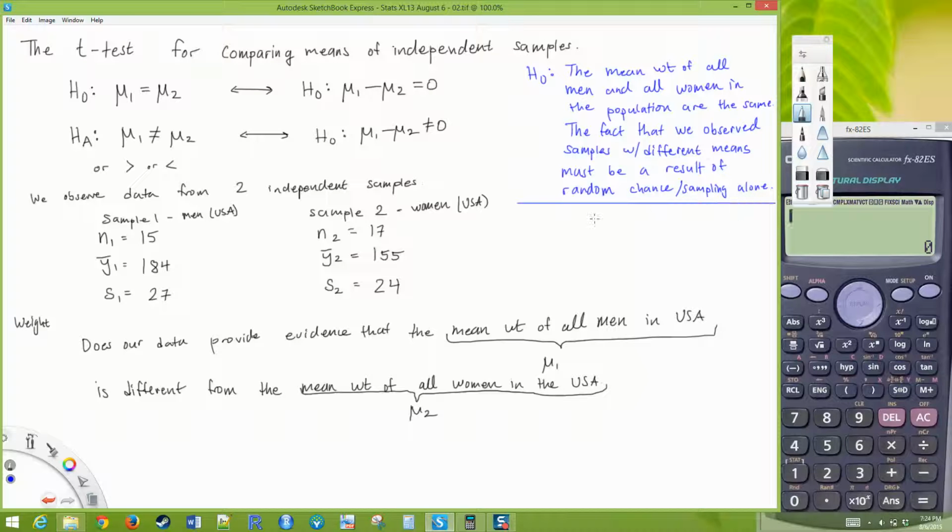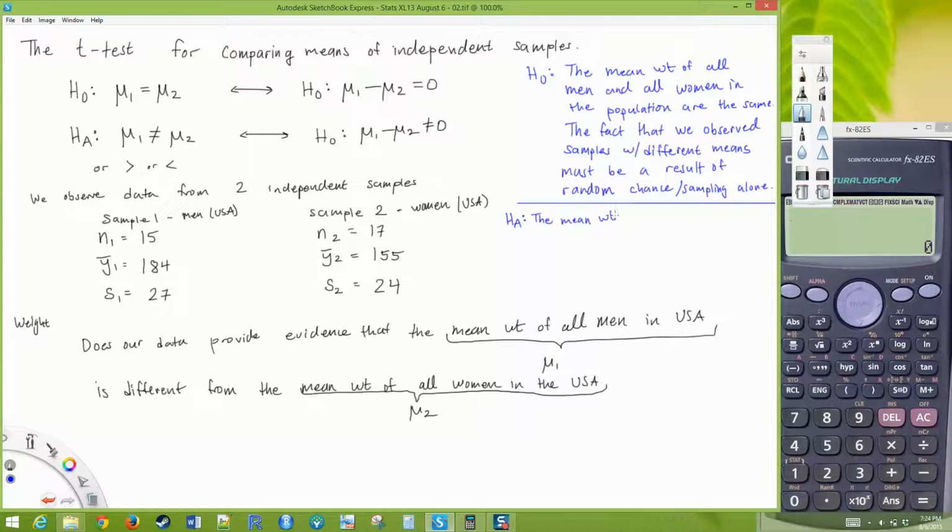In contrast, the alternative says, okay, the mean weights of the populations are not necessarily the same, okay?